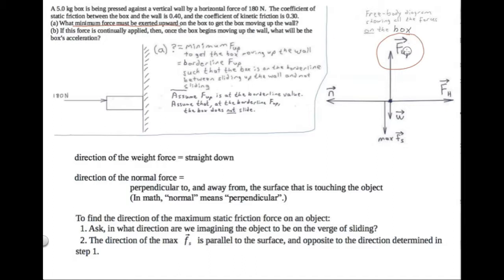Well, clearly the direction of that upward force is upward. I believe that this is the first problem that we've seen in this video series where there were 5 forces on the object. So take your time and make sure that you correctly identify all the forces on the object for your free body diagram.